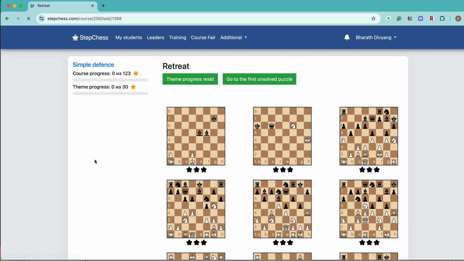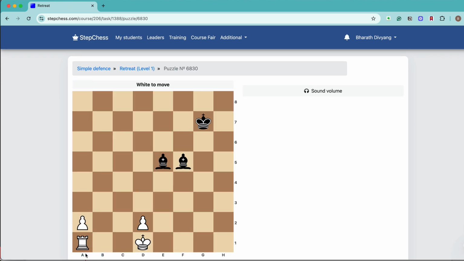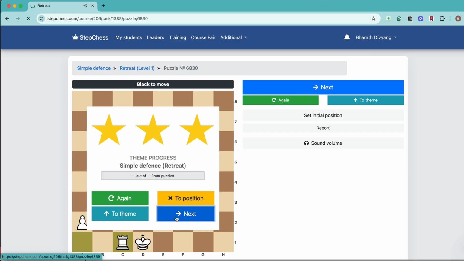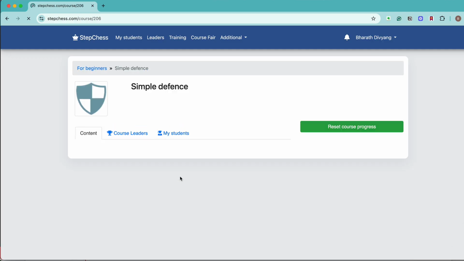So let's try retreat here. You have the rook under attack, you need to escape from the attack. That's what you do here. Right, so that's a framework. KEBS is the framework, and you can apply this into simple defense and see that you have multiple possibilities of it.